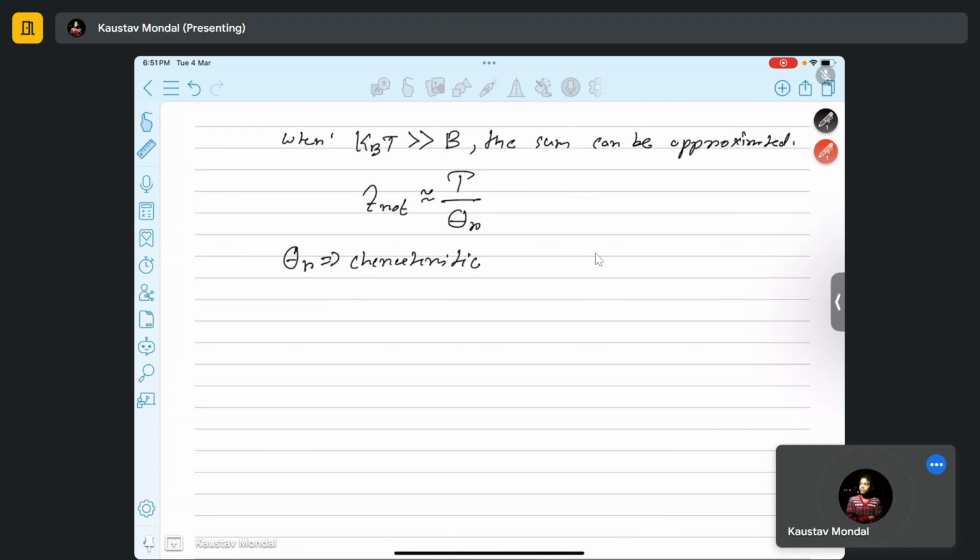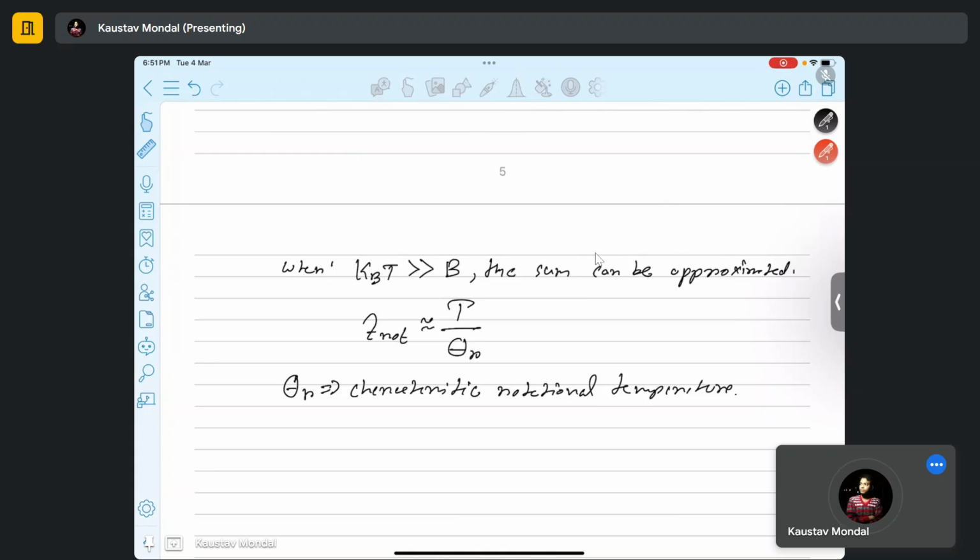This formula is very useful for high temperature to quickly calculate the partition function or characteristic temperature. If the characteristic temperature is given, we can quickly calculate the rotational partition function in the case where kBT is much greater than the B value.